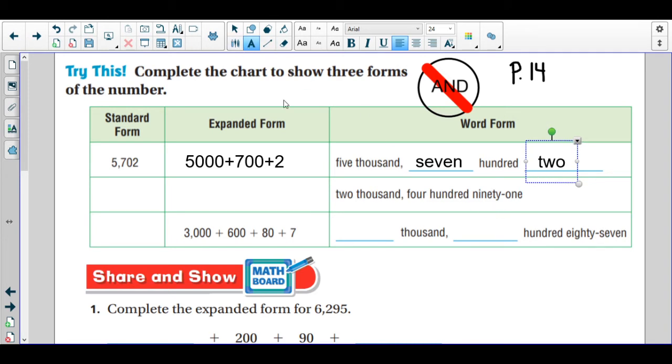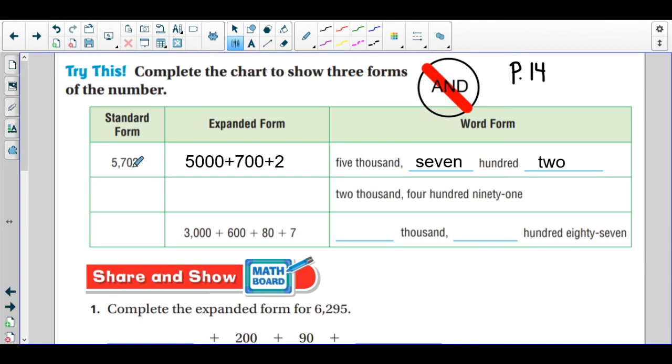Let's look here at this next one here. I've got 2,491. All right, so if I think about this right here, another way to look at this, and I would say this is almost written out like a number.